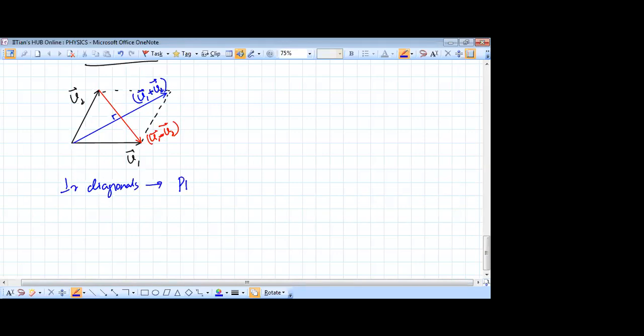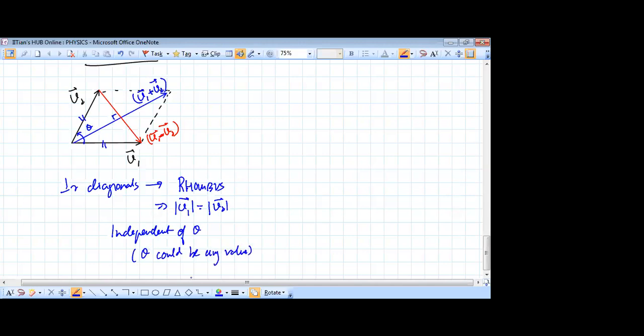It implies that it's a rhombus. It implies that the magnitude of V1 is equal to the magnitude of V2. This side should be equal to this side. It's independent of theta. So theta could be any value, including obtuse.